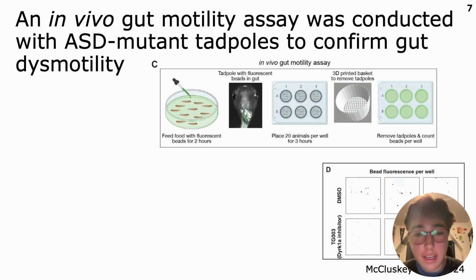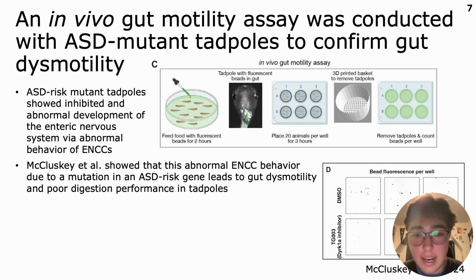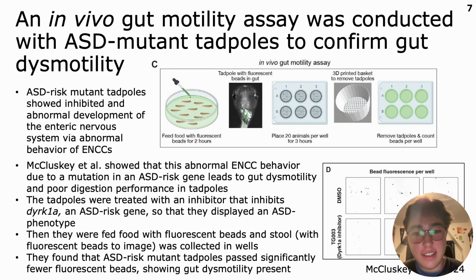So they conducted a real gut motility assay with these tadpoles, to confirm that that lack of proper neural crest cell migration actually showed gut dysmotility. And they found that there was.